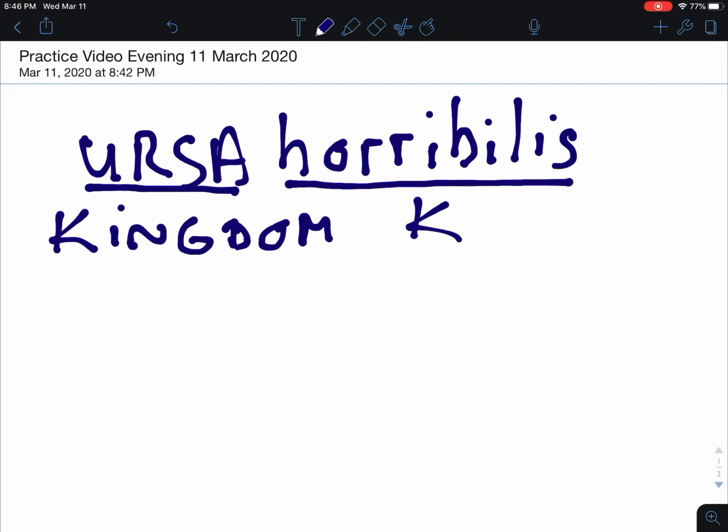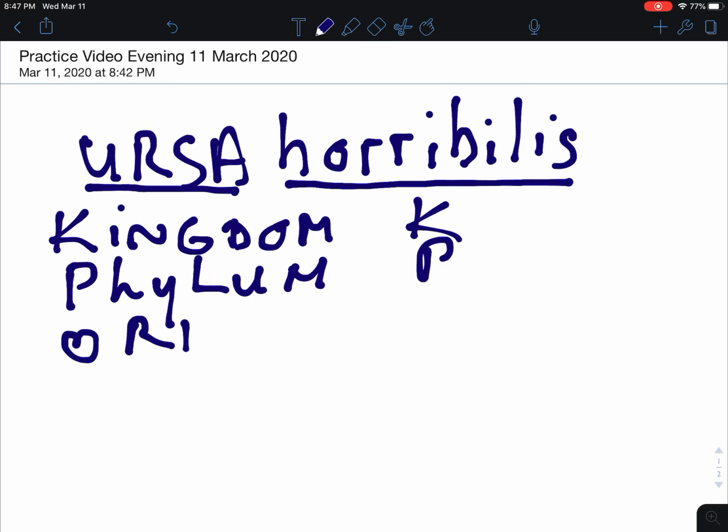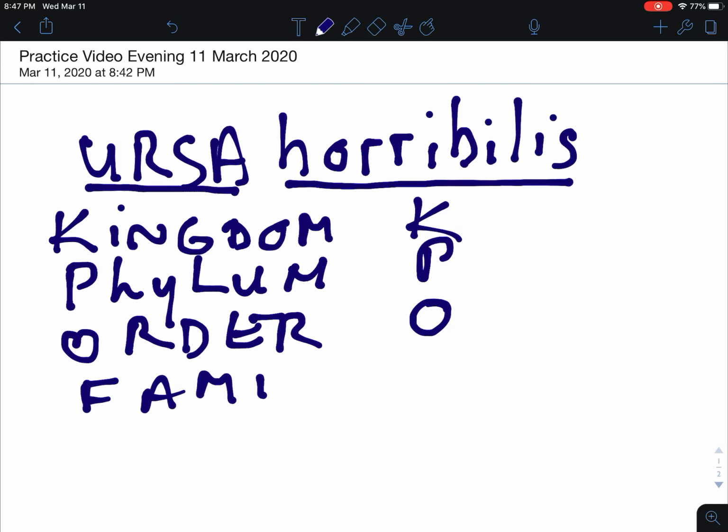Okay, and we can give that a letter K like so. Then from a kingdom, we would go to a smaller grouping called a phylum, which I'll give the letter P. And then we go to an order, give that an O. Then you go to a family, give that the letter F.